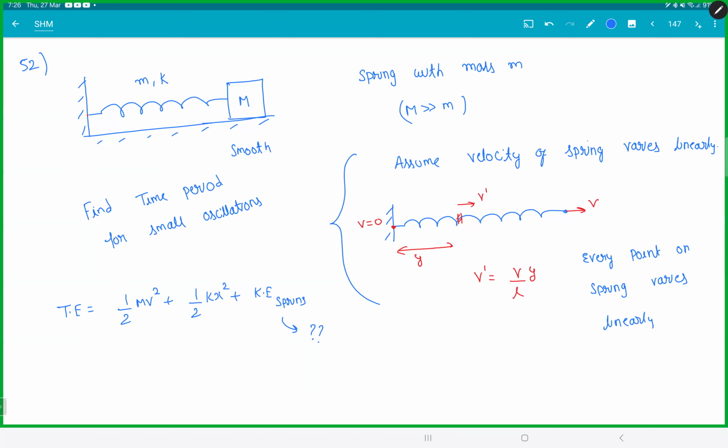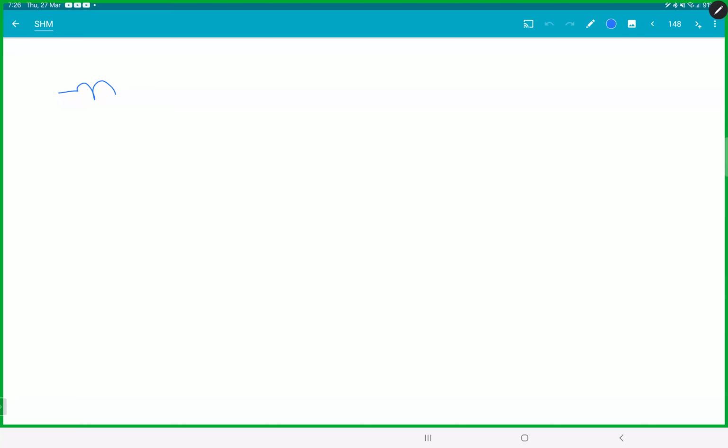Let's see. At a distance y, take a small slice dy. The mass of this small piece will be the total mass of the spring by the total length of the spring into dy. And this piece has velocity v dash, which is v by L into y. It's a linearly varying velocity.